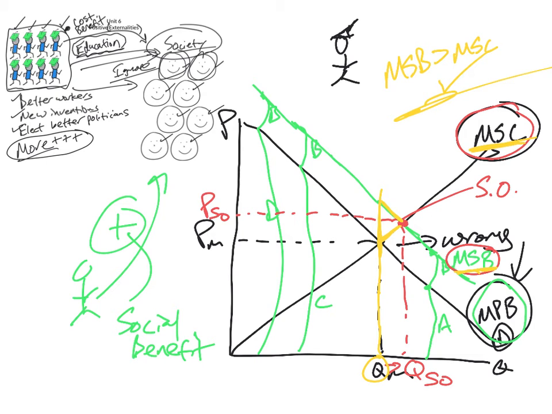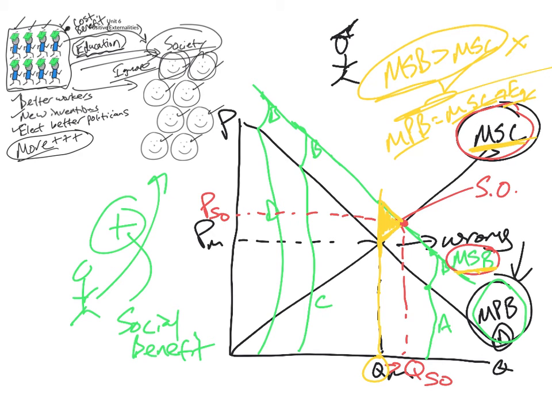But it's not, because this market is determined by the marginal private benefit and the marginal social cost. Where those are equal is equilibrium, but what we said before is equilibrium when there's externalities is wrong. So this highlighted section right here, where the social benefit is greater than the social cost, but it's not taking place, is where we find the area of deadweight loss.